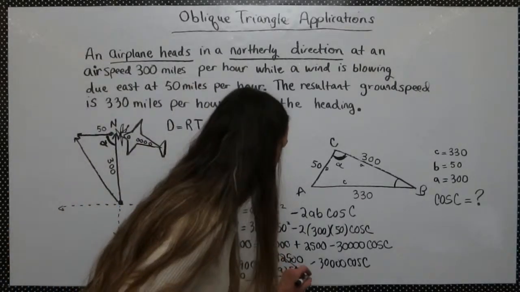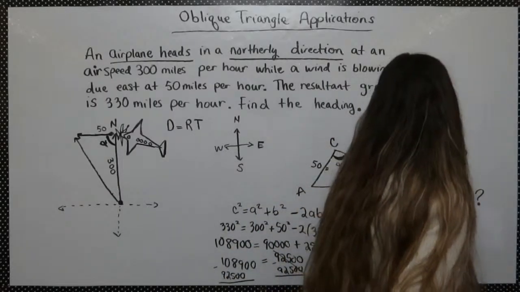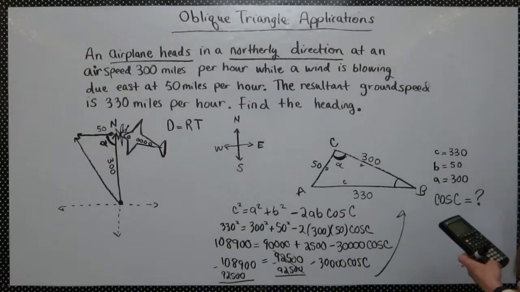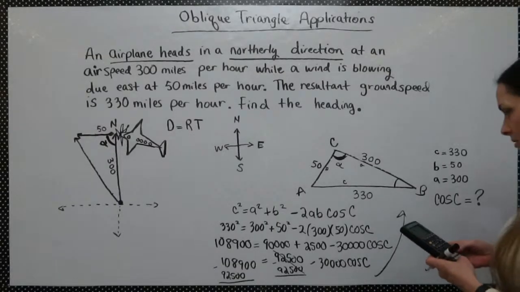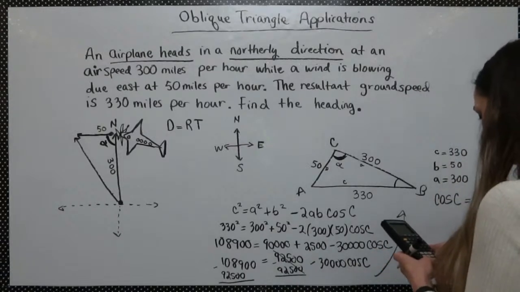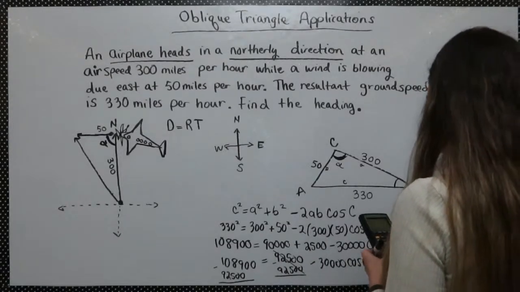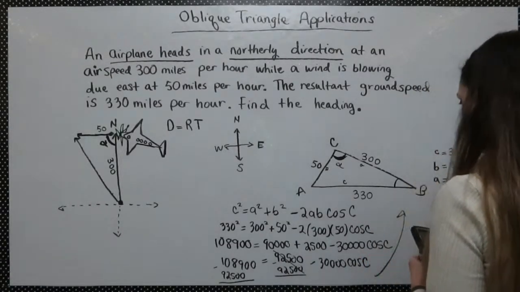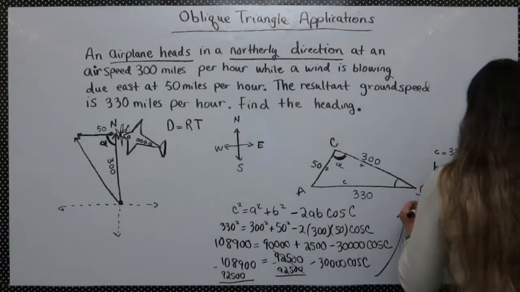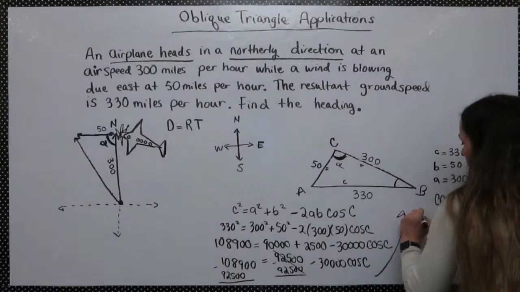These are going to go to 0 and end up right in the corner again. So I've got 108,900 minus 92,500. And that is 16,400.